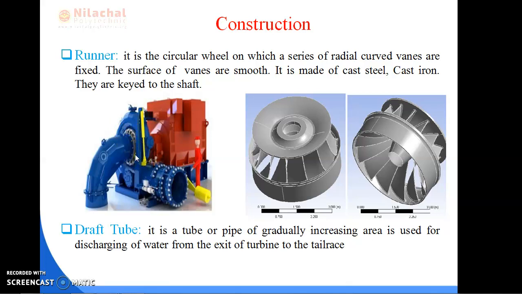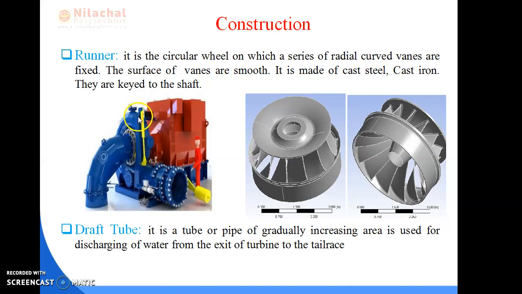In case of outward flow reaction turbine, the water enters from the face of the casing, and it enters the casing at the inlet radius of the curved blade.